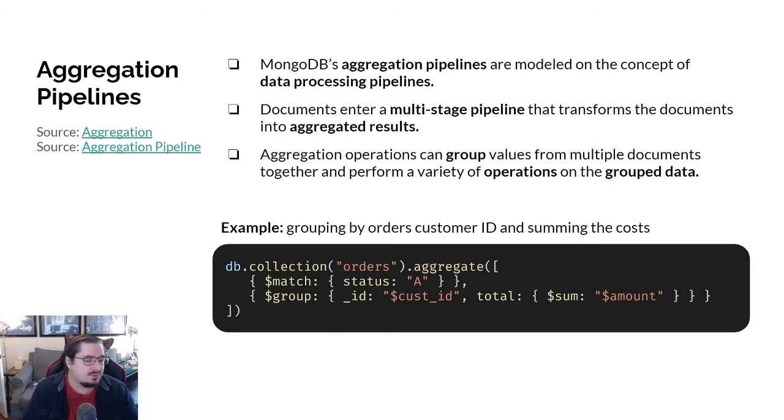In SQL, your select statements are not executed in the order that you write them. In fact, oftentimes the query optimizer will decide what the most efficient way to execute it is. With an aggregate pipeline in Mongo, it will execute it in the order you tell it to execute.